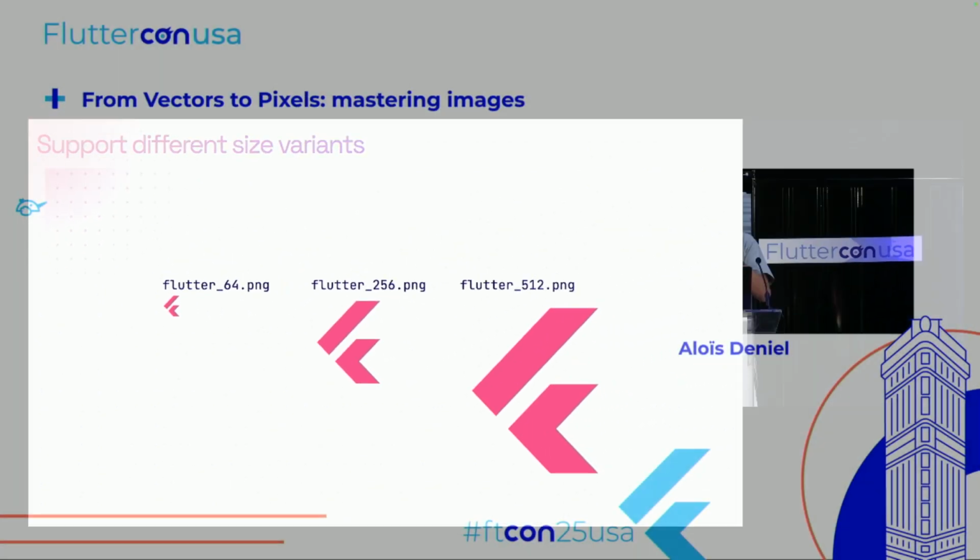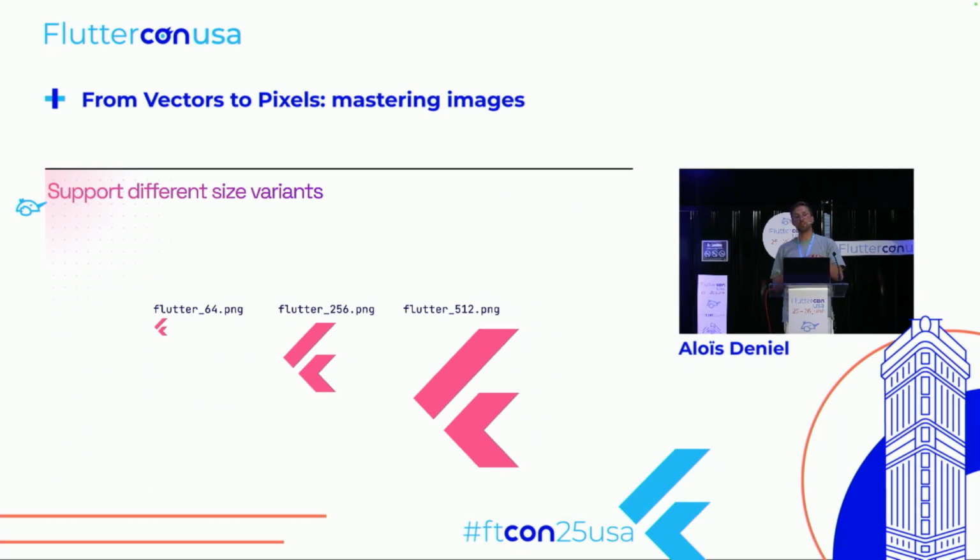So one solution to this problem is to simply provide different assets for different sizes. You simply create different variants of the same image, and you manage it at runtime. For example, if you put it in a certain location in your app, you choose one image over the other.